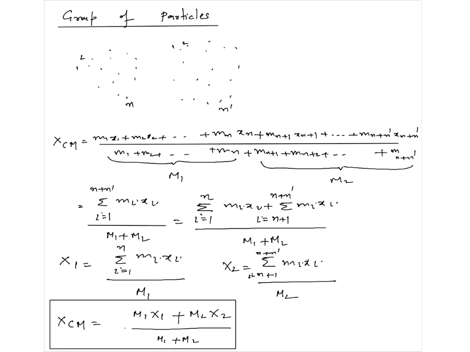If you have just two particles, one particle called m1. Please note, I am calling it particle. Actually, capital M1 is not a particle in our discussion here. Capital M1 is the sum of all masses of the left side cluster.